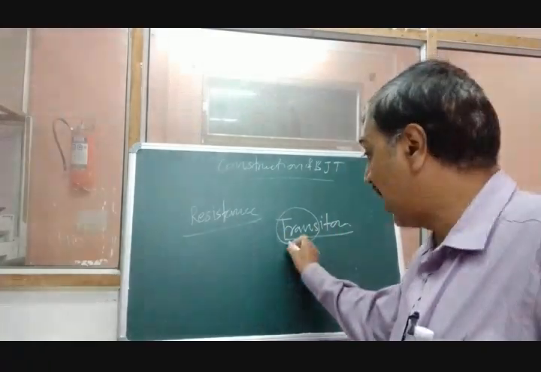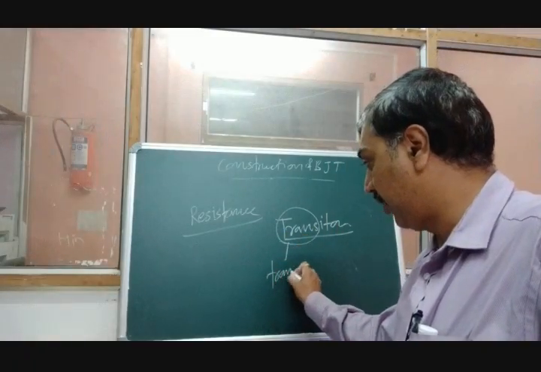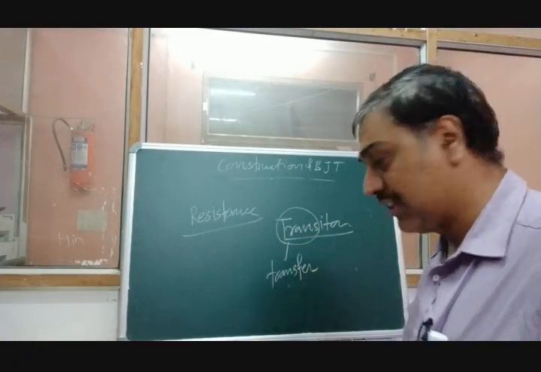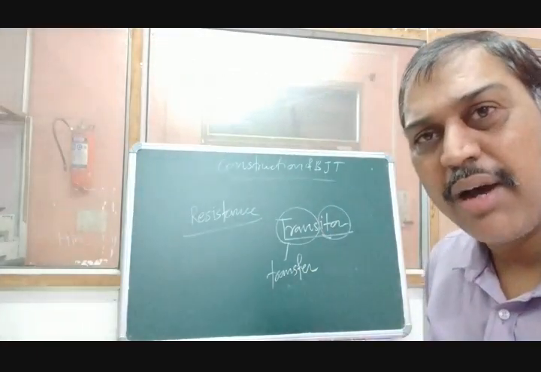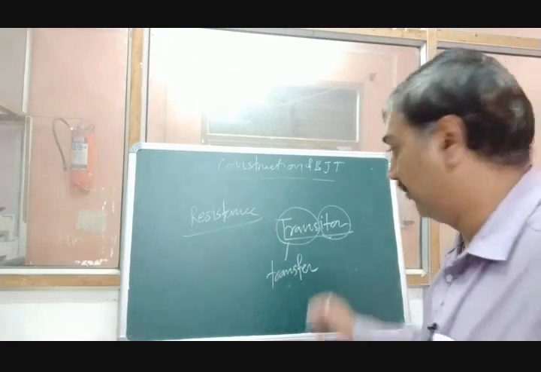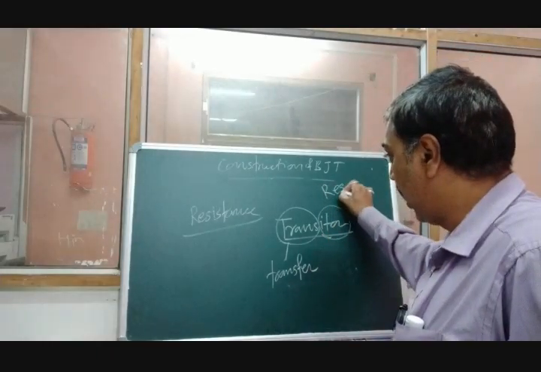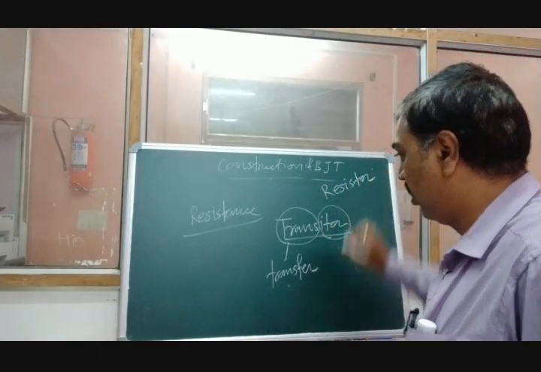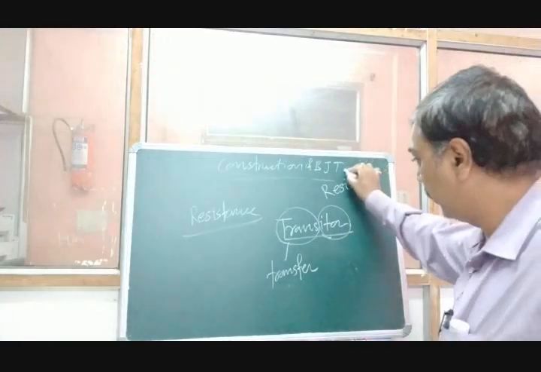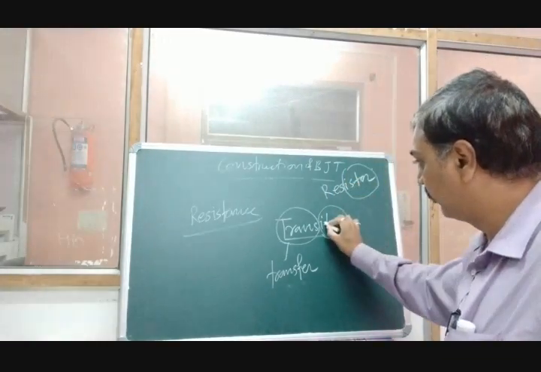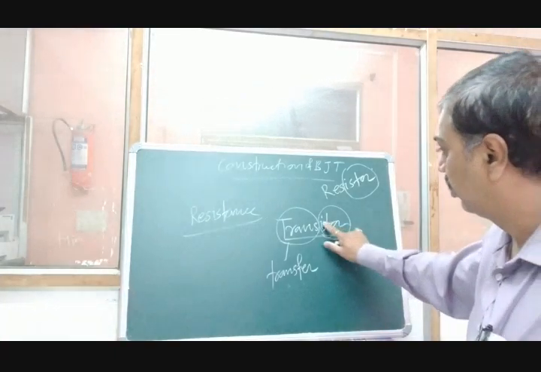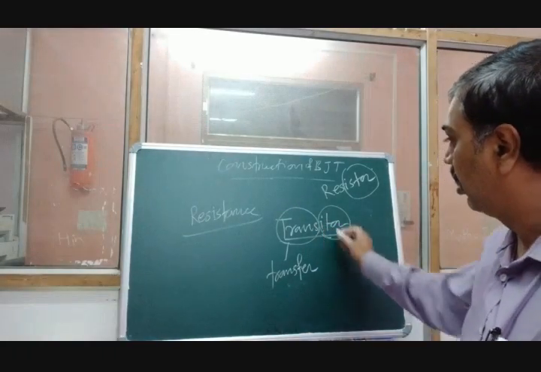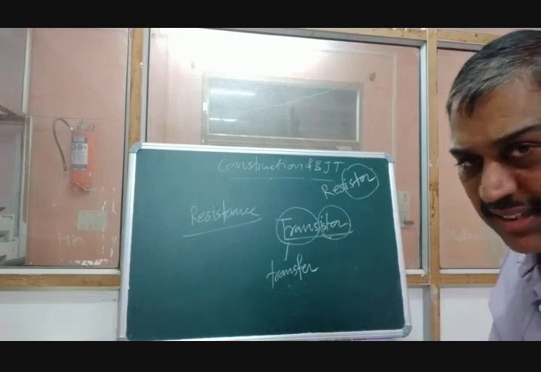Trans means transfer. Trans stands for transfer. Then istor, I-S-T-O-R. If you remember, we have learned one device, the resistor, R-E-S-I-S-T-O-R. Out of this resistor, if you take istor here, there must be an S, transistor.